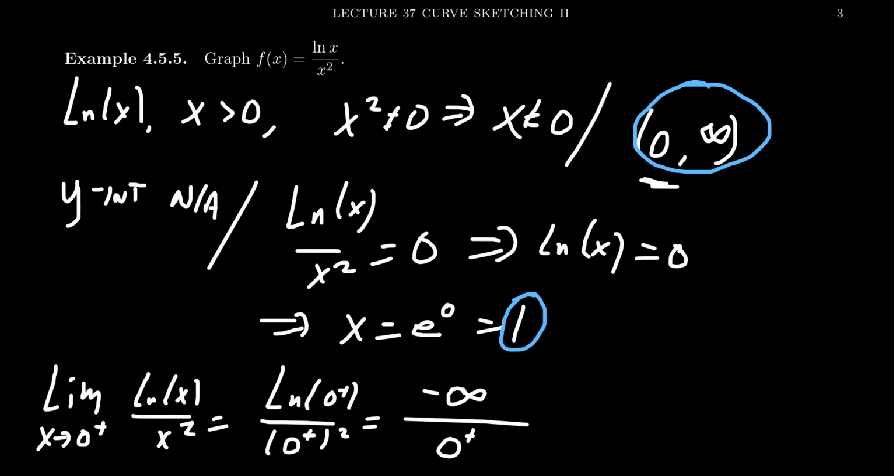Well, if you divide by 0, that's kind of like the same thing as multiplying by infinity. So this really looks like negative infinity times positive infinity. And that's actually not an indeterminate form whatsoever. That would just be negative infinity. And so this will represent a vertical asymptote on the graph. That is, as you get closer and closer to 0, you're going to be approaching negative infinity.